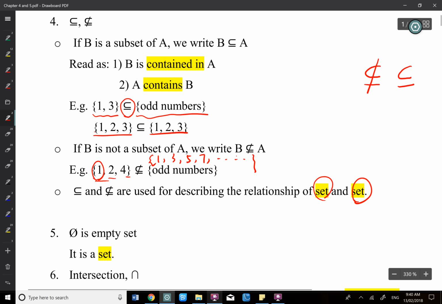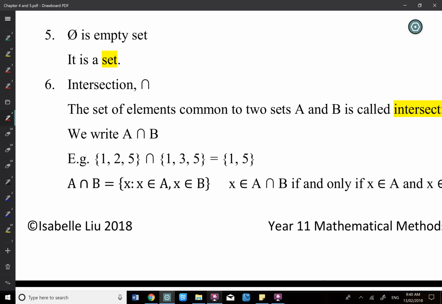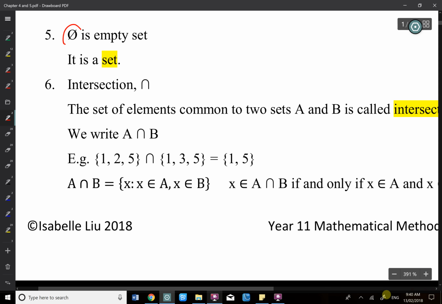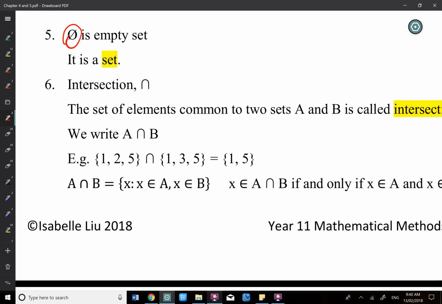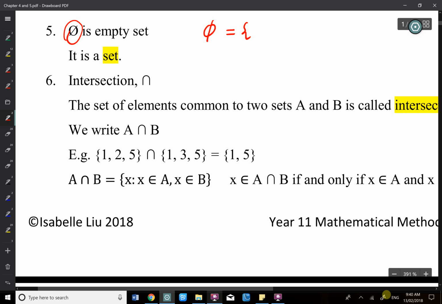Then there are some exceptions when we talk about sets where we don't use curly brackets. For example, this symbol is a set already. I don't need a curly bracket around it. It's already a set, but it's a very special set. It is equivalent to the empty set, a set with nothing.